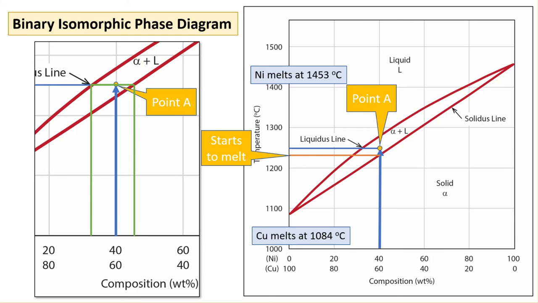The composition of the liquid is where the vertical line coming off the liquidus line hits the horizontal axis. And the composition of the solid is the vertical line coming off the solidus line, where it hits the axis. See, the liquid contains more copper.